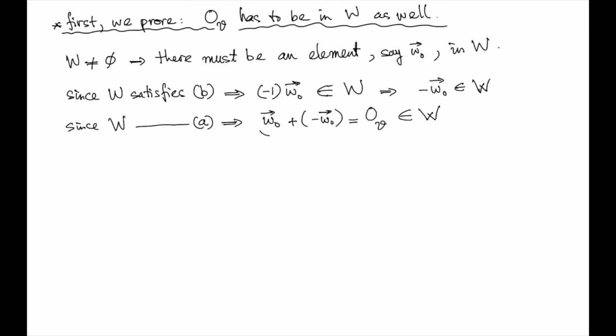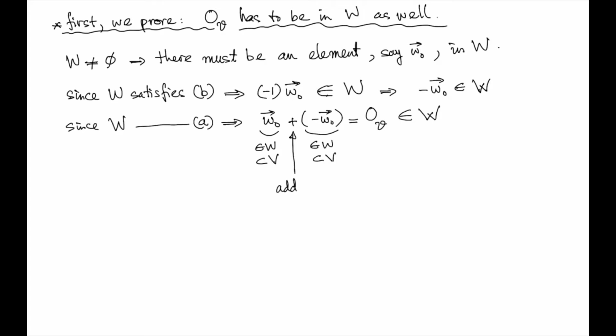Because this is in W, but W is a subset of V, so this is in fact in V. Similarly, this is in W, and W is a subset of V, so negative W0 is in V, of course. What is the addition here?